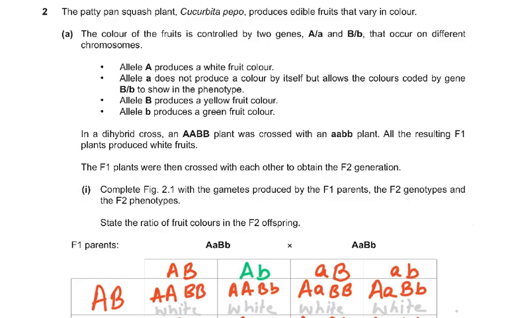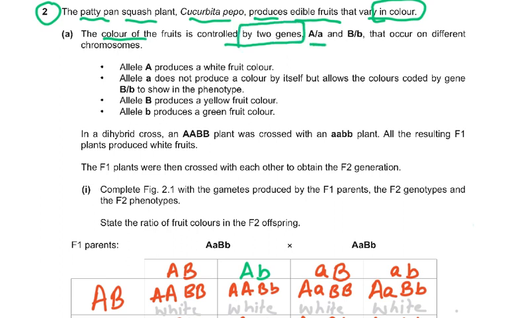To question two: the patty pan squash plant produces edible fruits that vary in color. The color of the fruits is controlled by two genes, big A small a and big B small b, that occur on different chromosomes. So one is on one pair and the other is on the other pair.